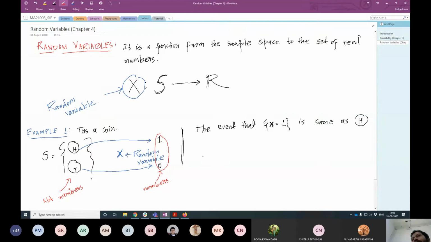And why is this important? This is important because we can do mathematical calculation with numbers. We cannot do mathematical calculation with things which are not numbers, right? So the purpose of random variable, so why random variable, is that we can do algebraic operations.